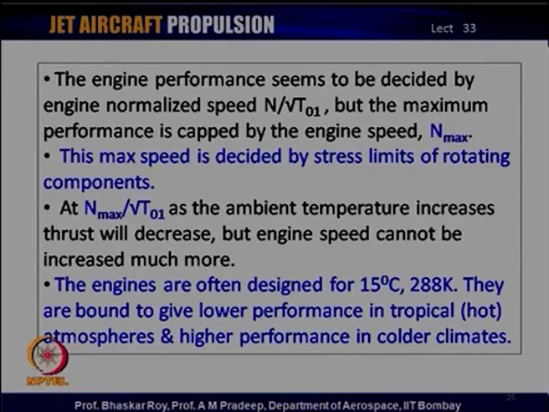But if it has already reached the maximum speed, it cannot be increased anymore, and the control algorithm of the engine will stop it from going to higher speeds, and hence the engine thrust cannot be increased anymore. So, the engine does reach its maximum thrust under those operating conditions.